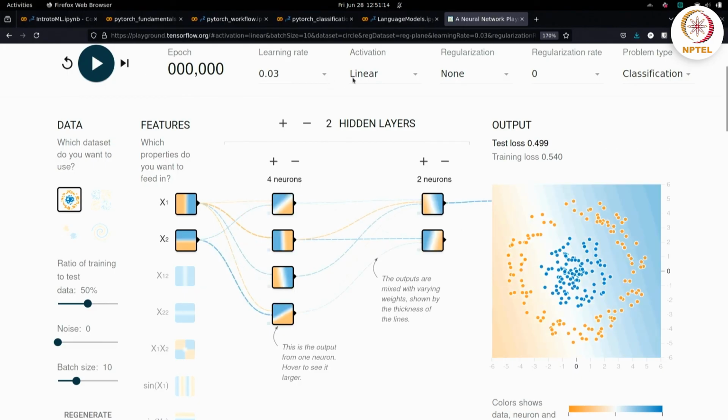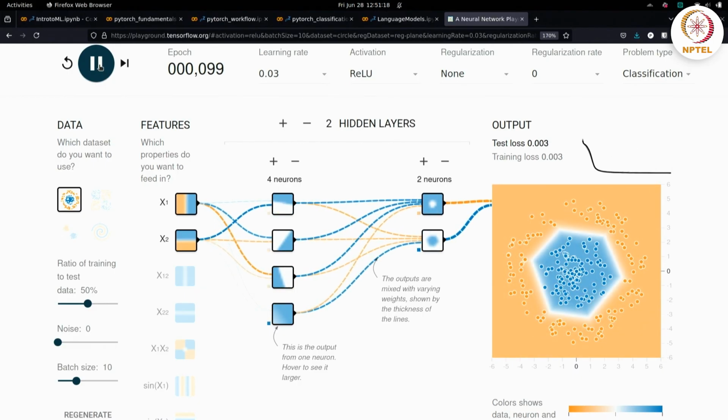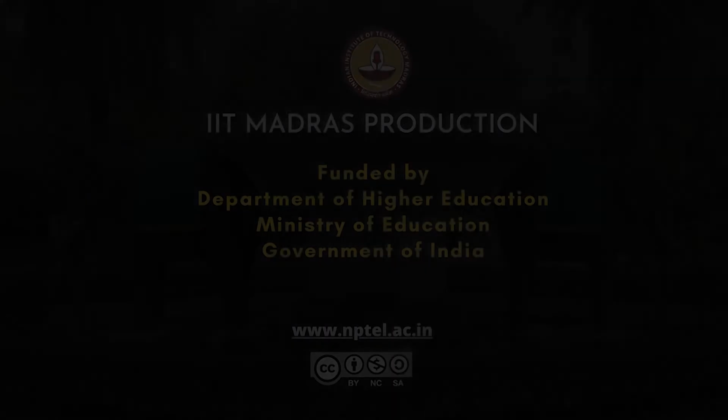So let's reset it. Try to apply some non-linearity and see what happens, right? This example should tell you what is the outcome of putting a non-linearity in the whole neural network. All right. So this was some theory and some visual understanding of how neural networks would train, right?